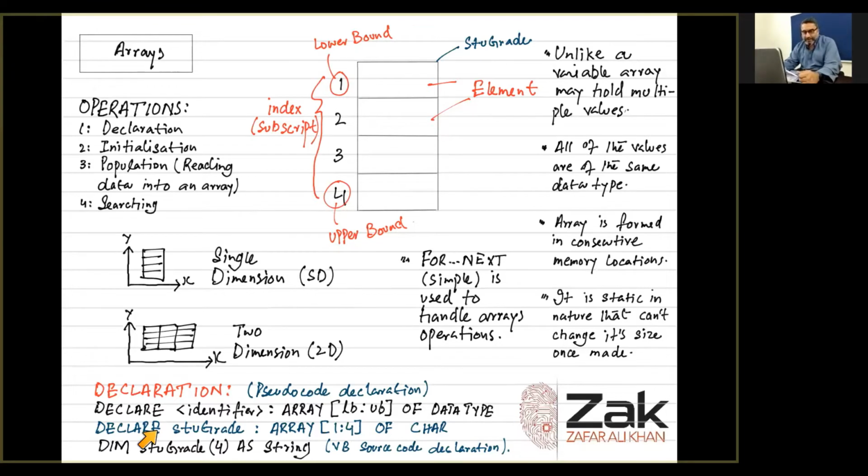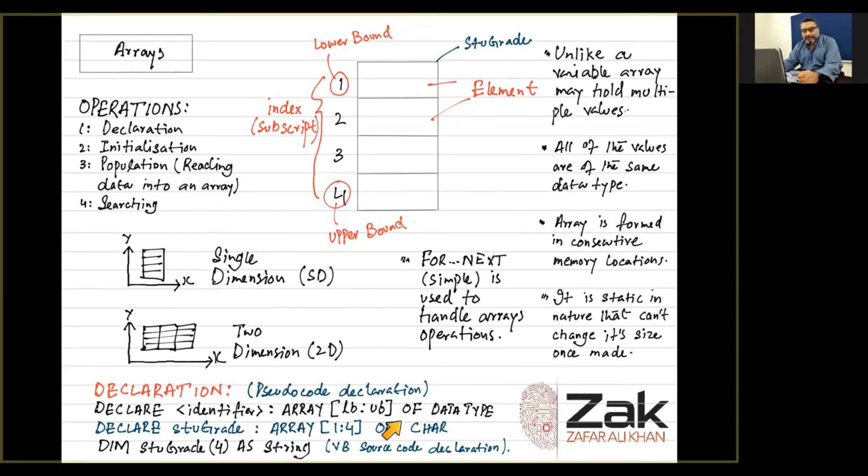So the declaration would become: declare student grade array as an array which starts from the lower bound 1 and ends at upper bound 4 of the data type character.